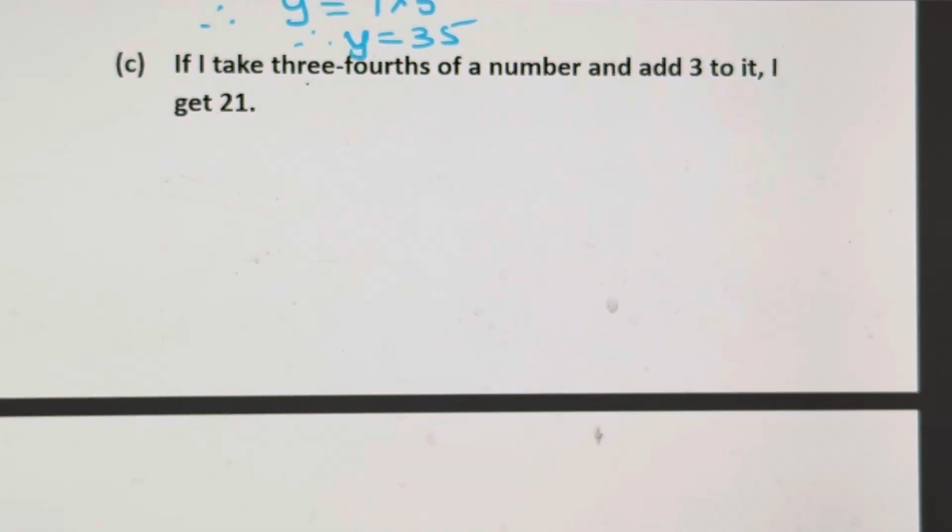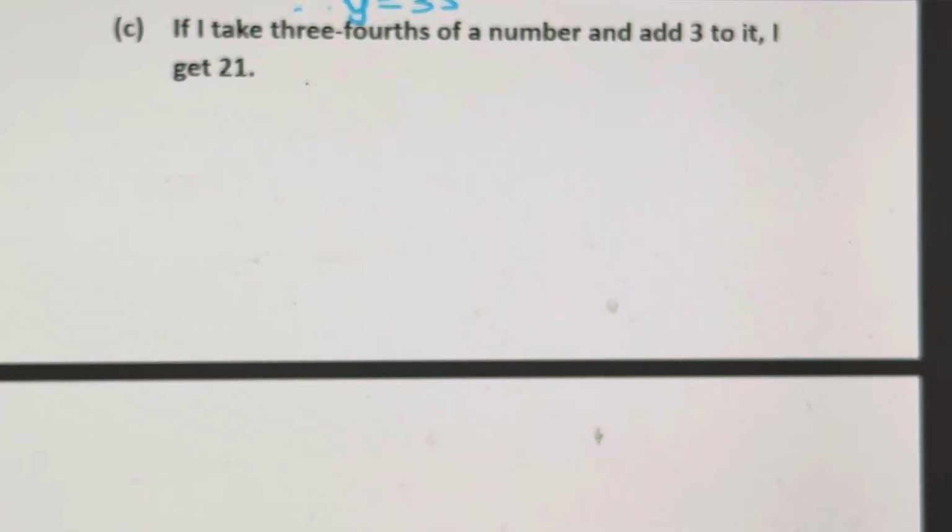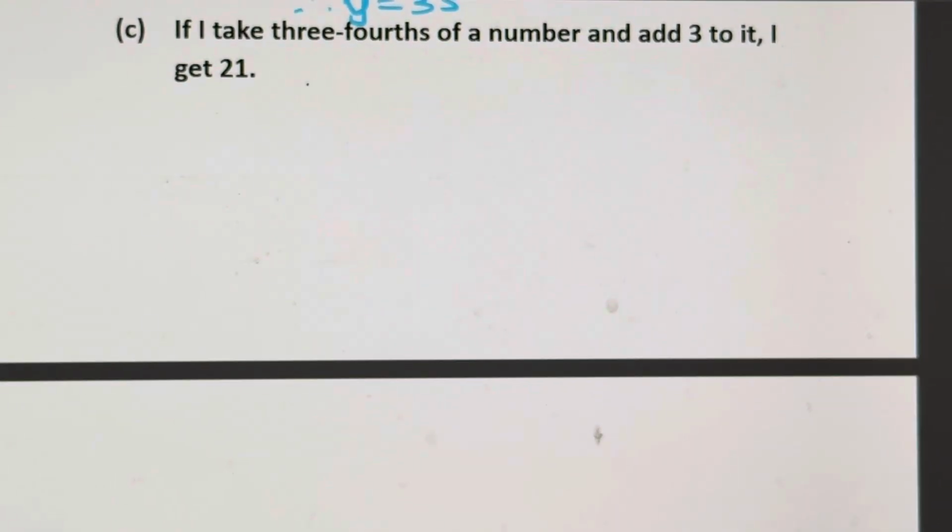Now we see question number C. Be careful while forming equations with a fractional number. If I take 3/4 of a number, suppose we take the number as m. So 3/4 of a number means 3m upon 4.